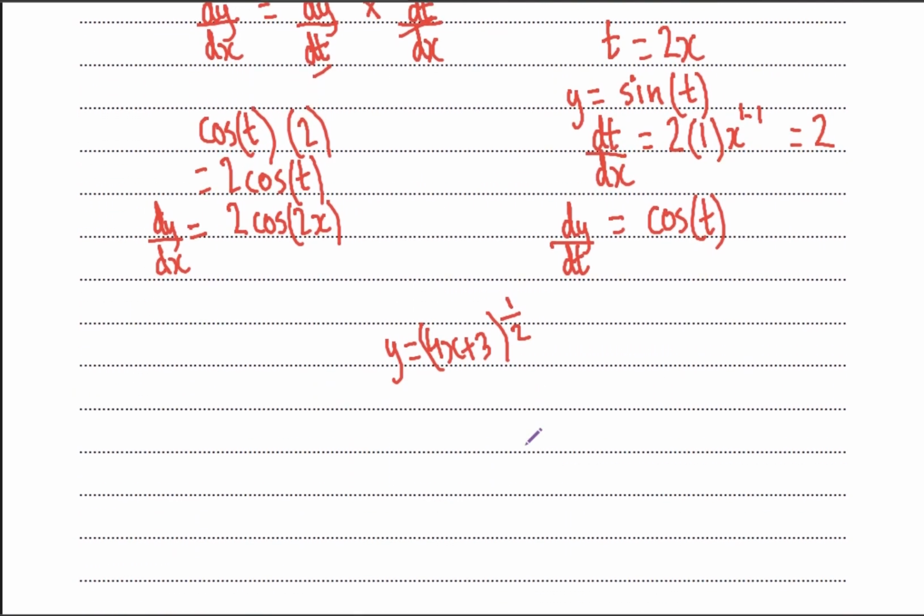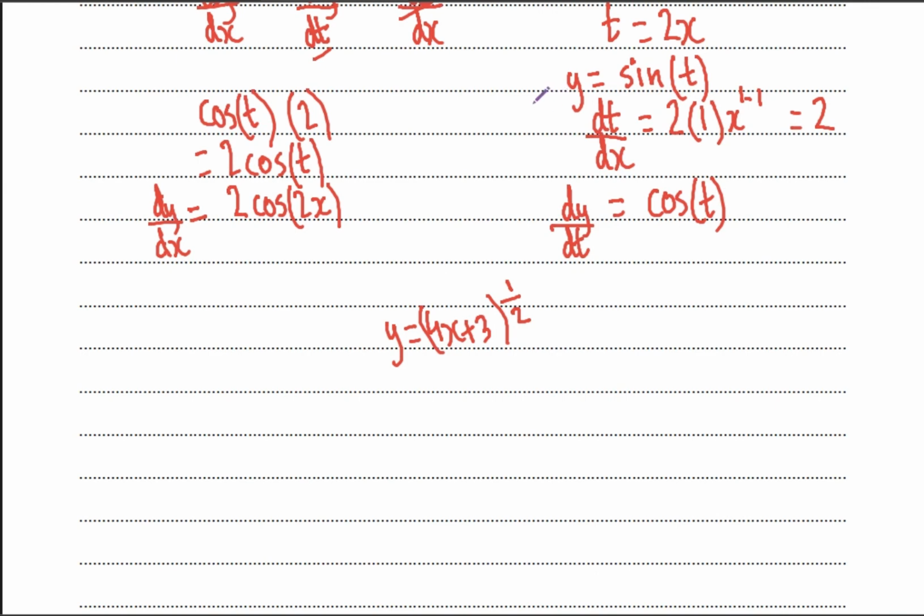How would you find the derivative of that function? Like, we don't know how to do that. That's insane. But we know that we can let t equal 4x plus 3, right? So now we have y is equal to t to the power of a half.